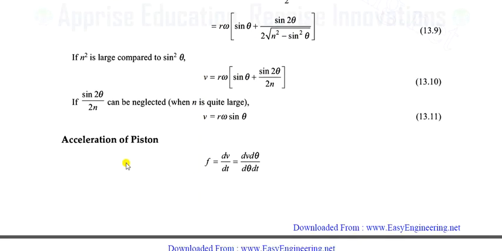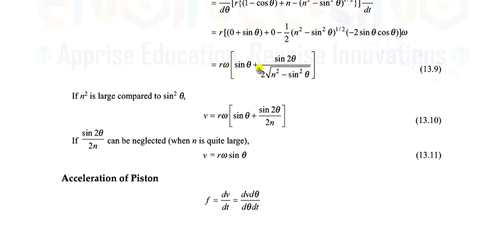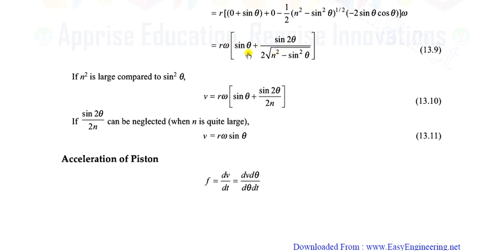Now we have to calculate acceleration of piston. So F, or you can also use small a for this. For acceleration of piston, F or a will be the first derivative of velocity with respect to time, so dv by dt. But again you can see that this velocity is not directly a function of time, so we have to rearrange as dv by d theta into d theta by dt, just multiplying and dividing by d theta. So that we get d theta by dt, meaning omega, and dv by d theta we will do from this relation.